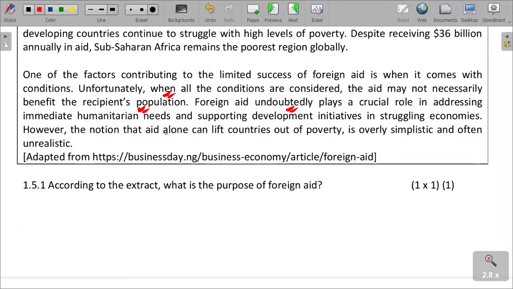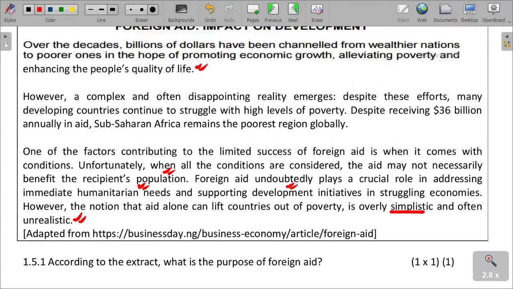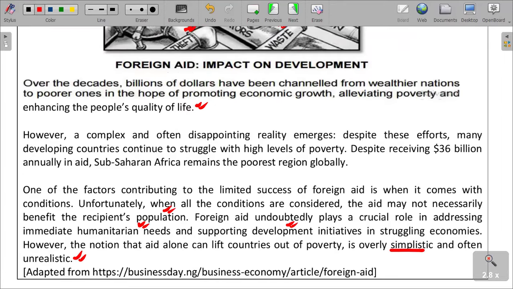However, the notion that aid alone can lift countries out of poverty is overly simplistic and often unrealistic. So this is what we are given with regard to the impact of foreign aid on development.